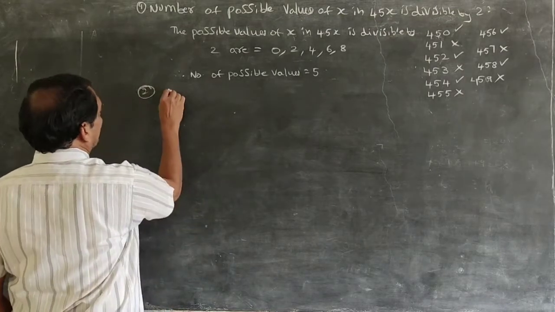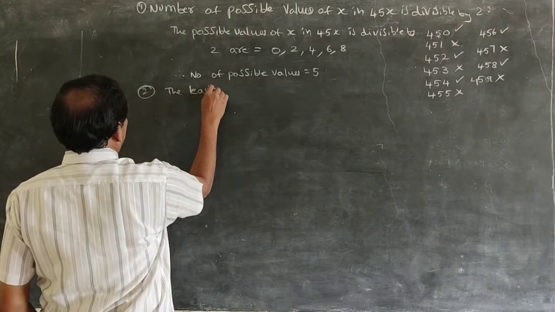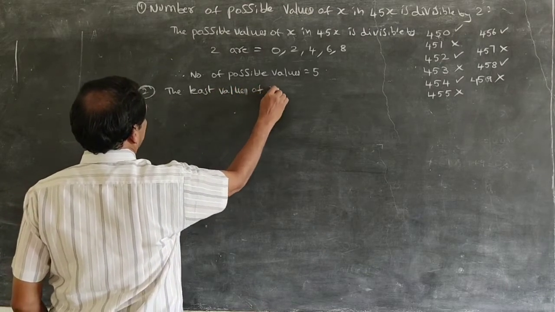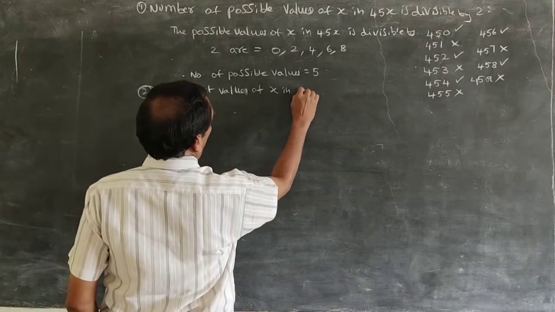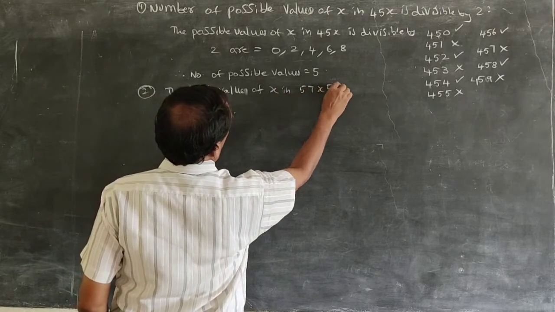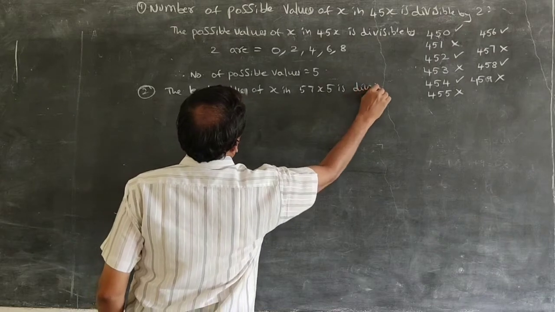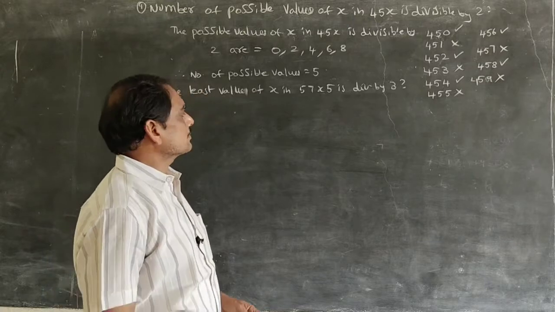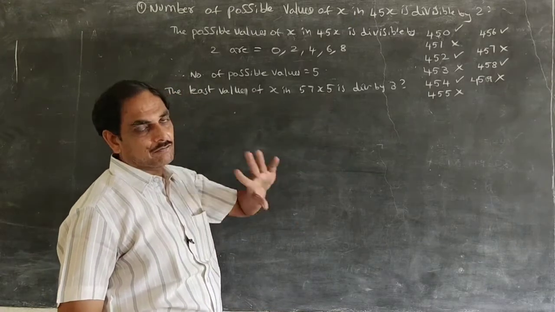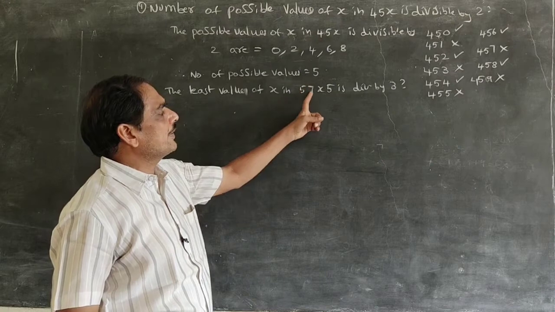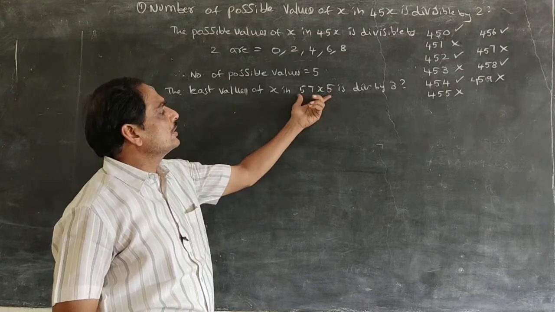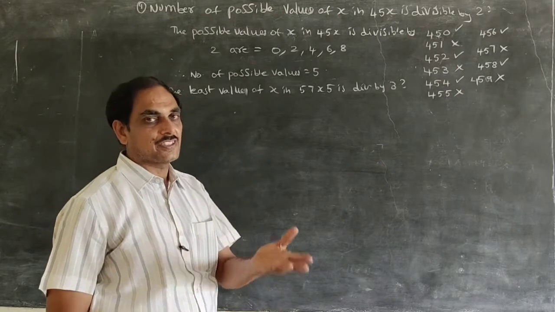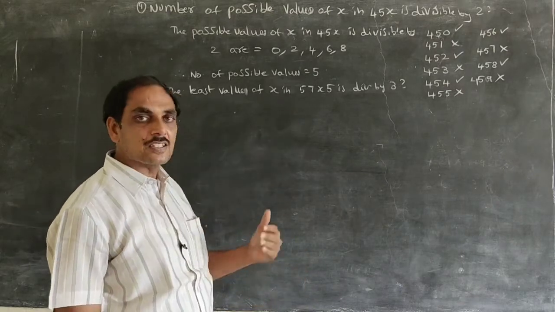The least value of x in 57x5 is divisible by 3. So, this number contains 4 digits, 5, 7, x, 5. The divisibility rule for 3 is: if the sum of the digits in a number is divisible by 3, then we say that the number is divisible by 3.